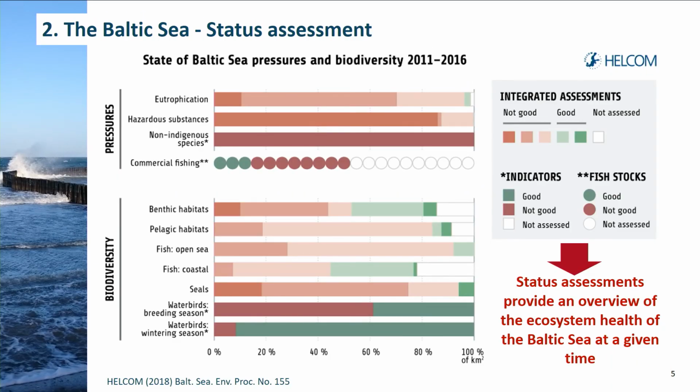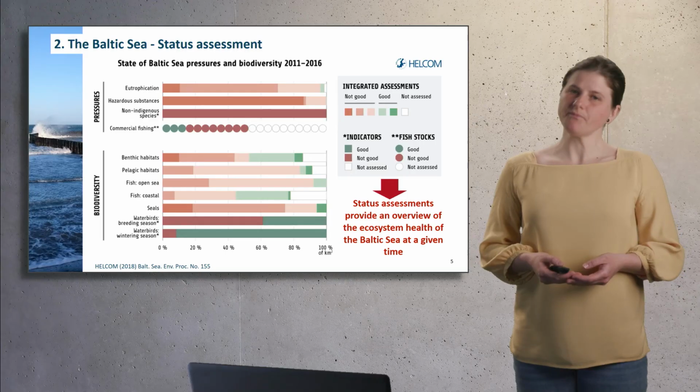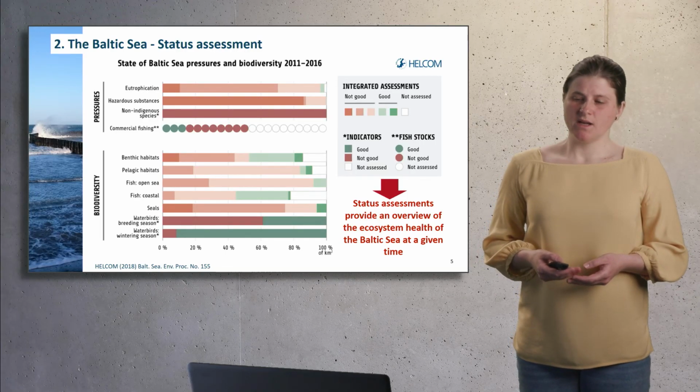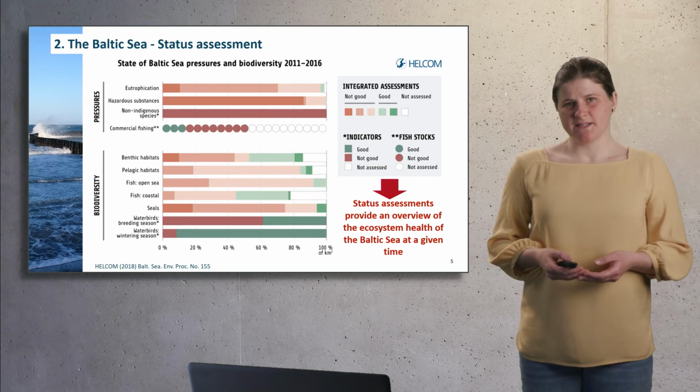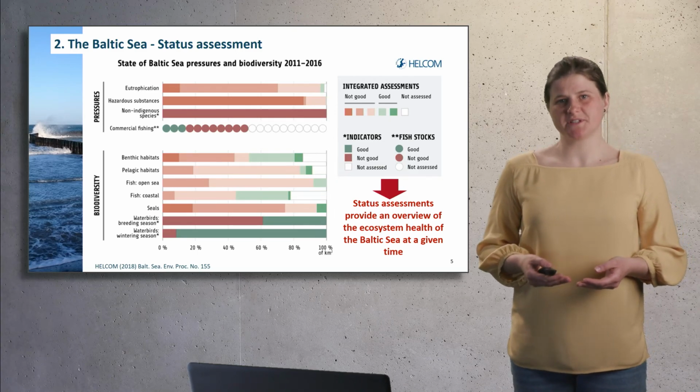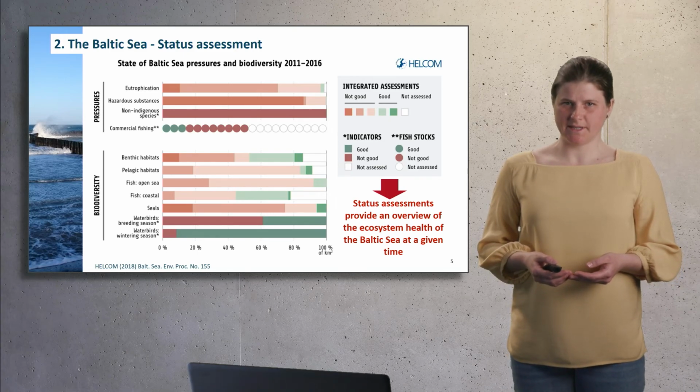Considering the health of the Baltic Sea, those questions are answered by regular monitoring and assessment activities carried out by the Helsinki Commission, HELCOM. HELCOM assessments provide an overview of the status of the ecosystem health for the Baltic Sea area at a given point in time.